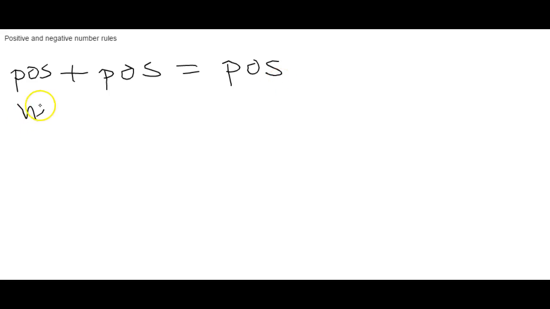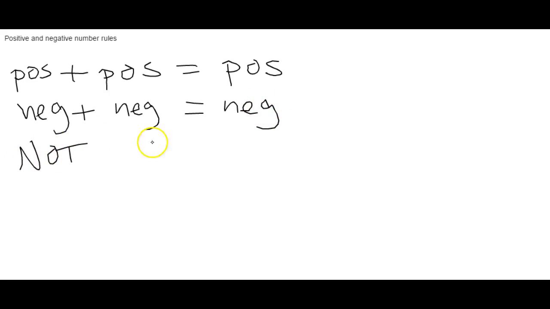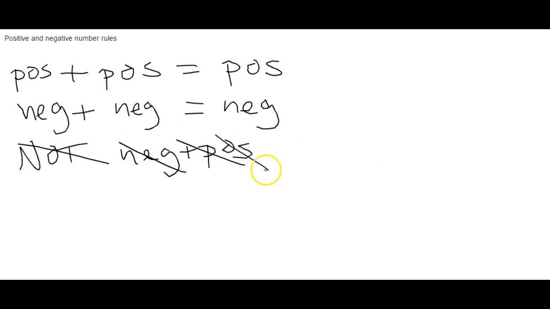Same thing if you do a negative plus a negative. When you add those two things together, it will always come out negative. This is not true if you have a negative plus a positive. That could come out negative, it could come out positive, we don't know for sure. So there's no rule for those two.